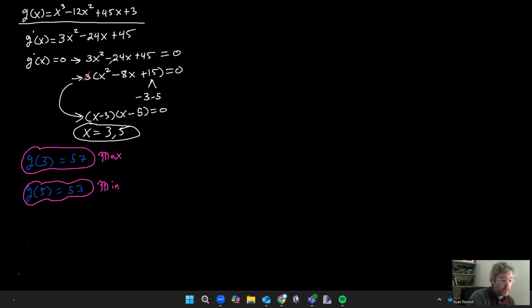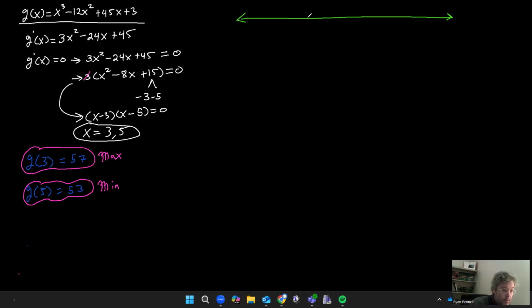The other part of the question asks, where is it increasing or decreasing? And one method you could use is you could set the derivative greater than 0 or less than 0 and solve that way. But since I've already done so much work with this particular problem, what I like to do is just split the number line and see what happens.